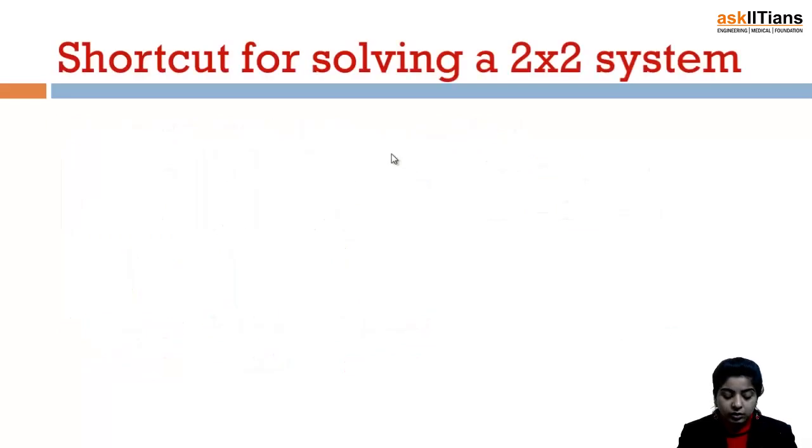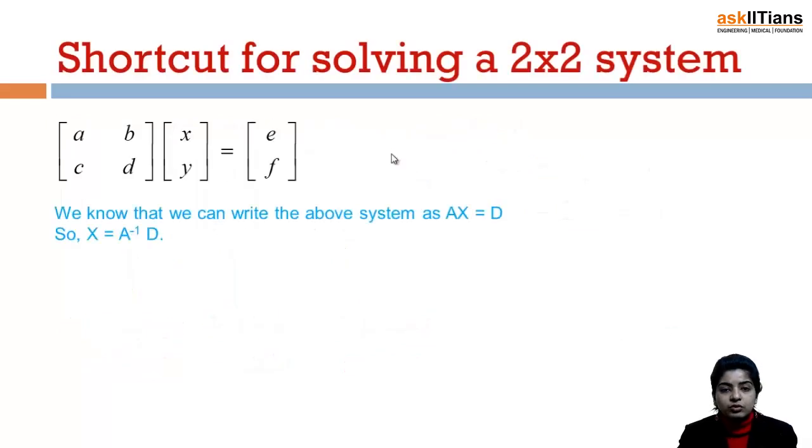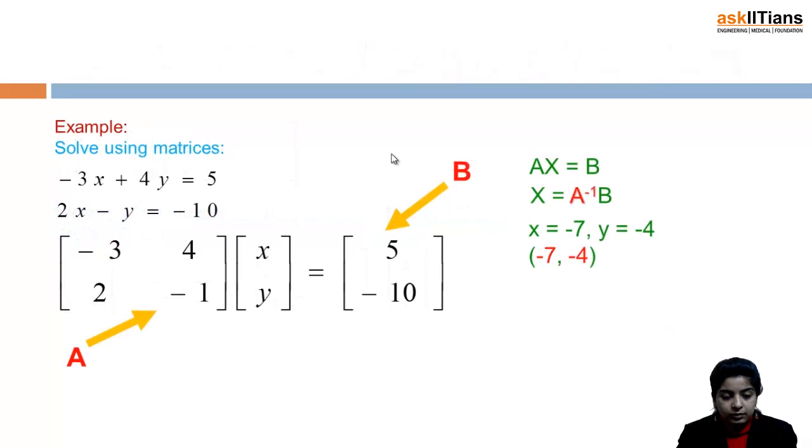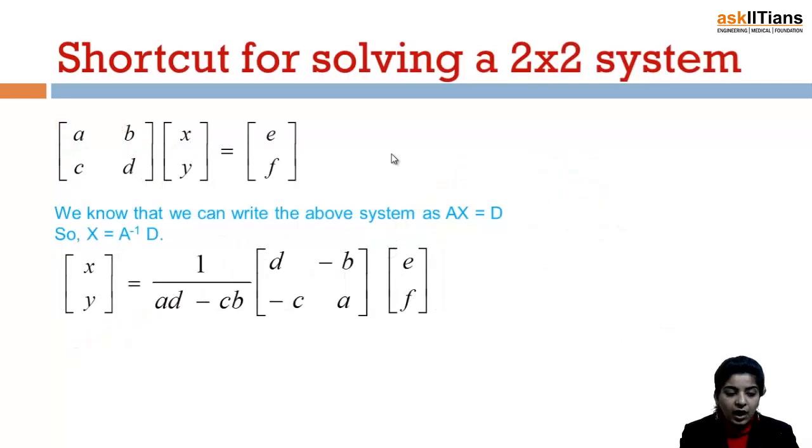Now we have a shortcut for solving a 2 cross 2 system. Suppose you have the most general 2 cross 2 matrix, which is [a b; c d], and suppose we have this system [a b; c d] times [x y] equal to [e f].